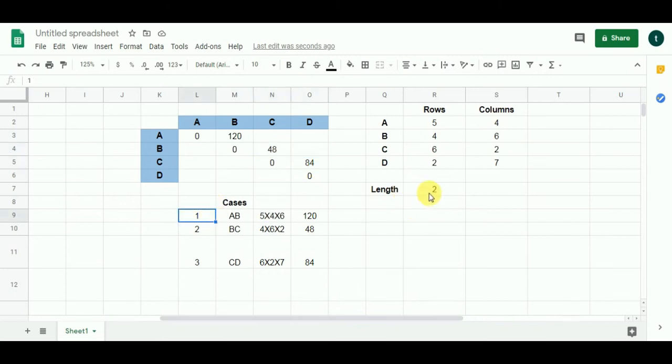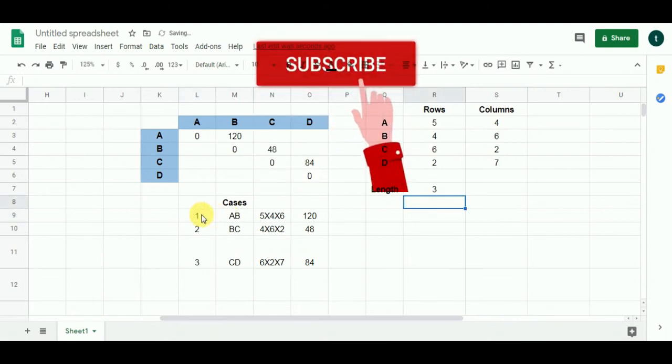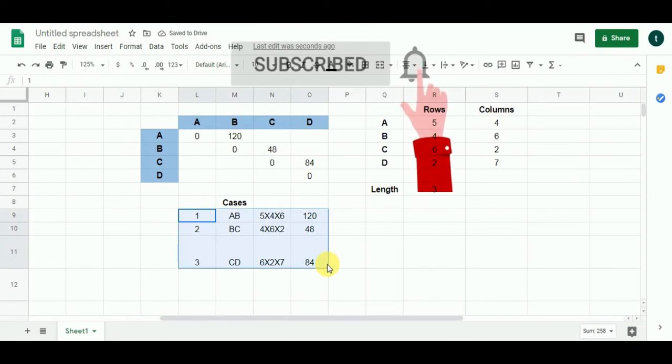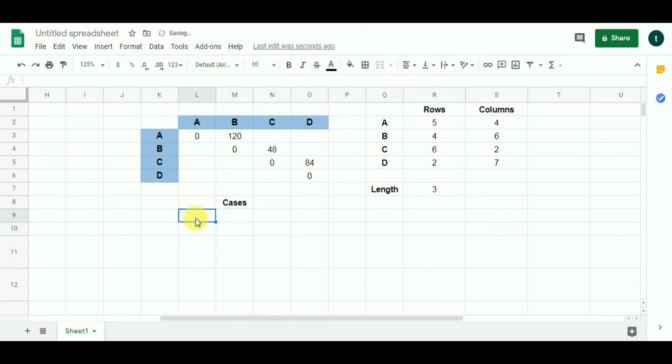Now the length of the subproblems increases to 3. So our first subproblem becomes ABC. A, B and C. Cool. Let me write it down here. Now some cases will be formed.